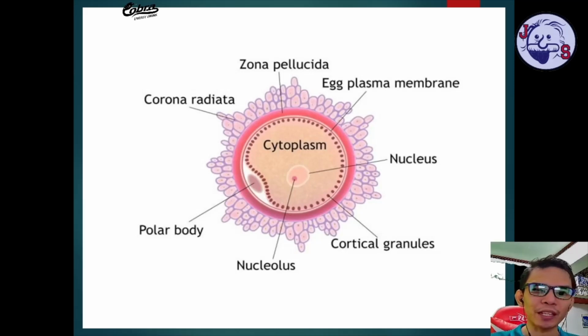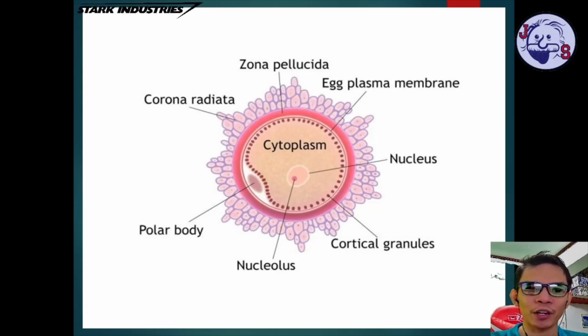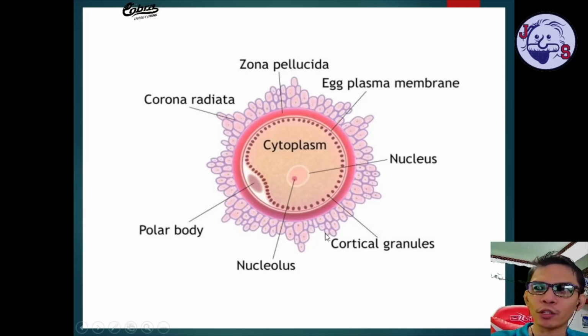The sperm cell also has a weapon that can break down this barrier. It contains a chemical on its head, the acrosome, present in order to break down this barrier.